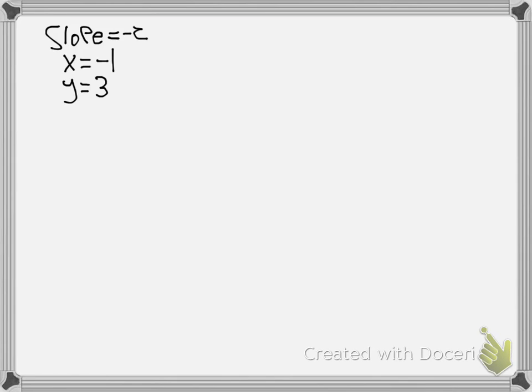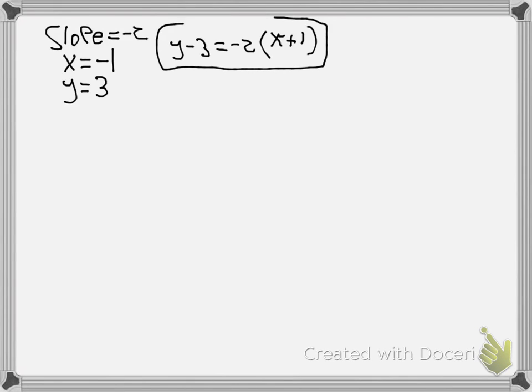In point slope form, I've got y minus 3 equals -2 times x plus 1. And there's the equation of your tangent line.